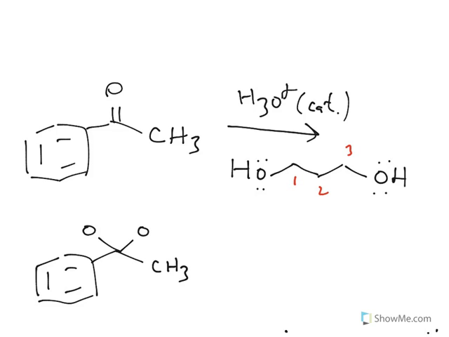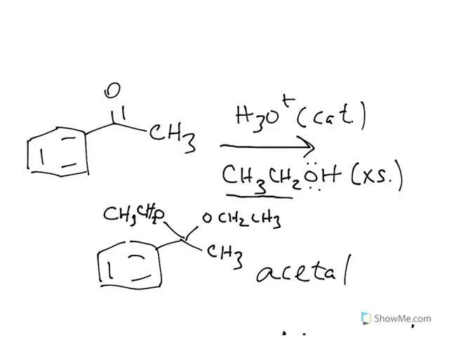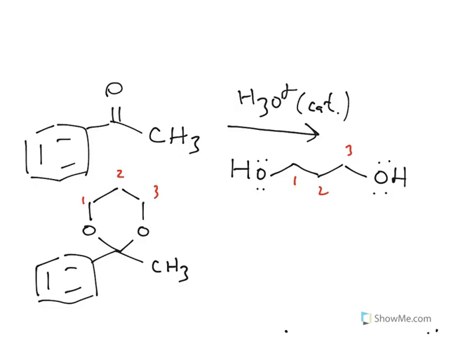So there they are, 1, 2, and 3. Now, you make these cyclic acetals, and this only occurs if you're using a diol. If we go back and look here, if we're using just a simple alcohol, you're not going to get the cyclic acetal. But if you use a diol, you'll get what we call the cyclic acetal.